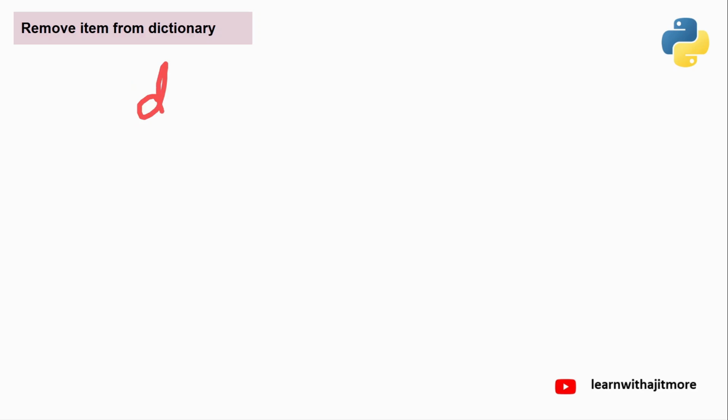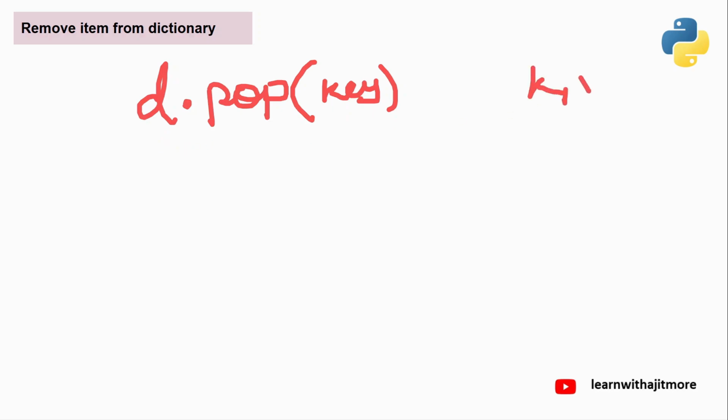So you can use dictionary.pop, and you have to pass to it the key. Okay. So if the key is present in that dictionary, it will remove it along with the value, that key value pair is deleted, and it will return the value of that deleted item.